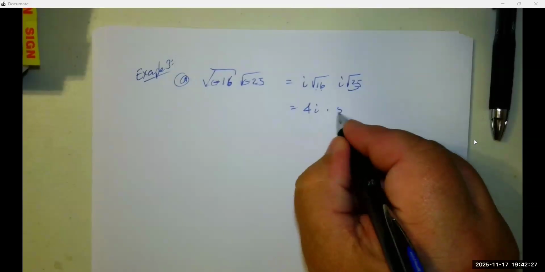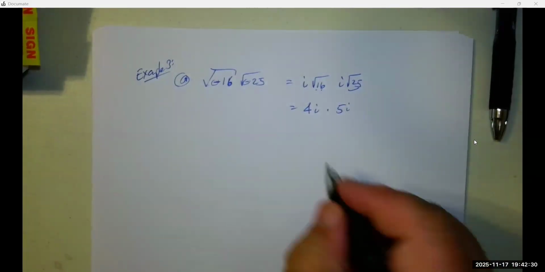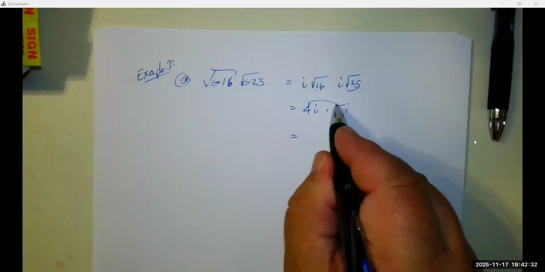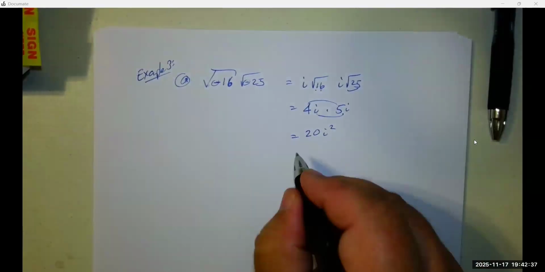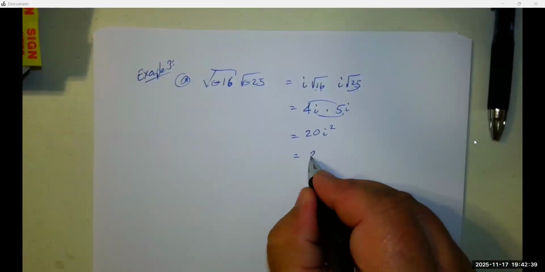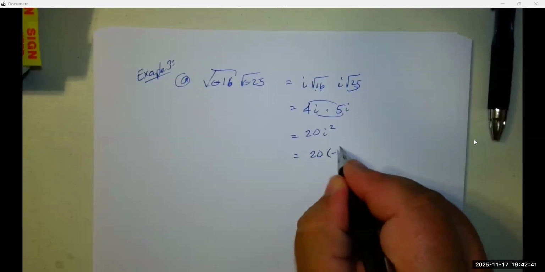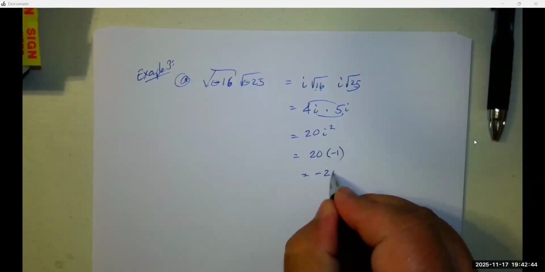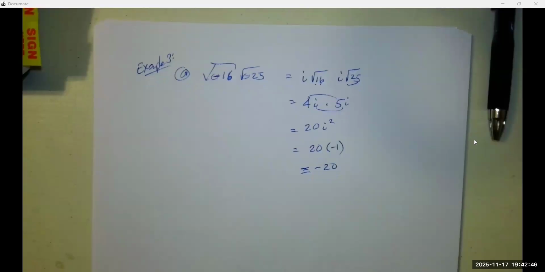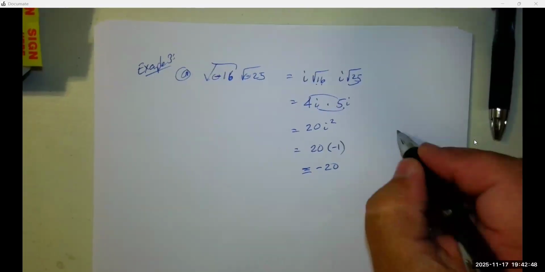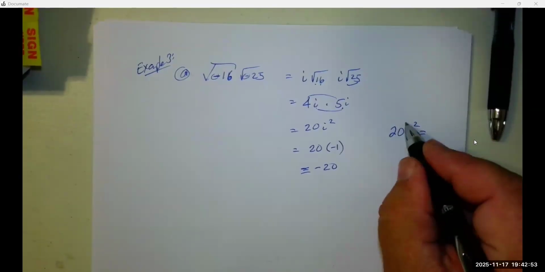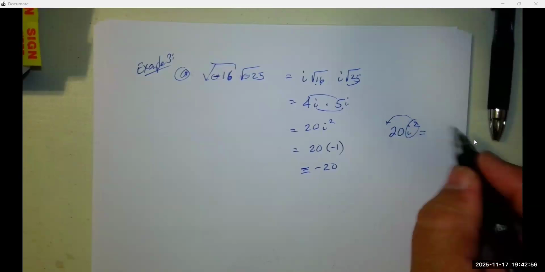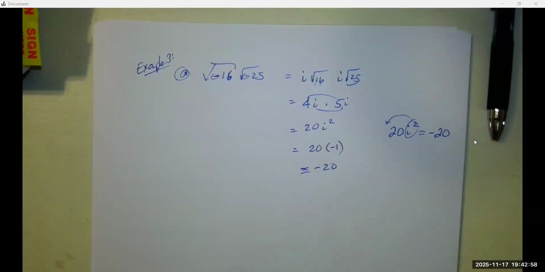Square root of 25 is 5, so it's 5i. 4 times 5 is 20. i times i is i squared. i squared is the same thing as negative 1, so the answer is negative 20. Again, in shortcut, whenever you have an i squared, just change the sign of whatever's in front of it. That's all it's going to do.